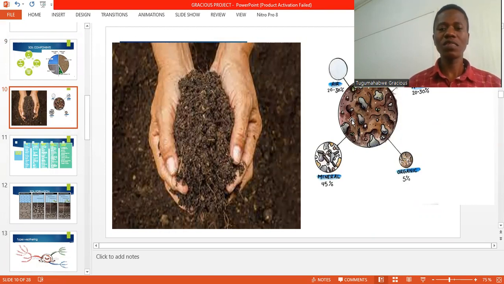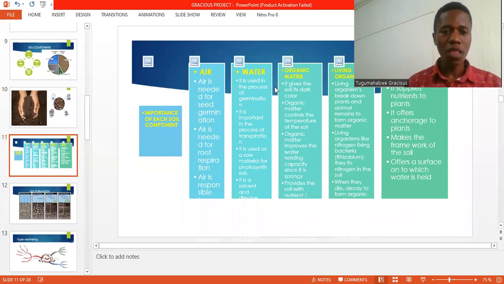This is also a kind of word spider showing the percentage of soil components, and I can bring it during the explanation of soil components so students understand. This is also a graphic showing the importance. I bring it to summarize the importance of those components of soil.